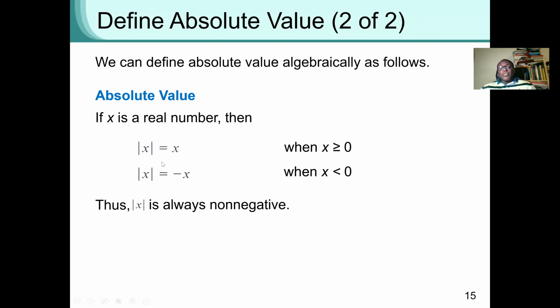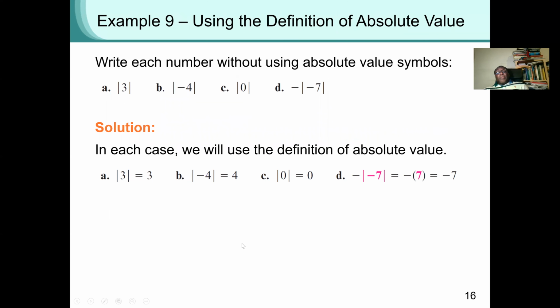This one says if s is a real number, then absolute s equals s, or absolute s equals negative s. So write each number without using absolute value symbols. So we know 3 will give me 3, negative 4 will give me positive 4, 0 is 0, negative 7 will give me positive 7.